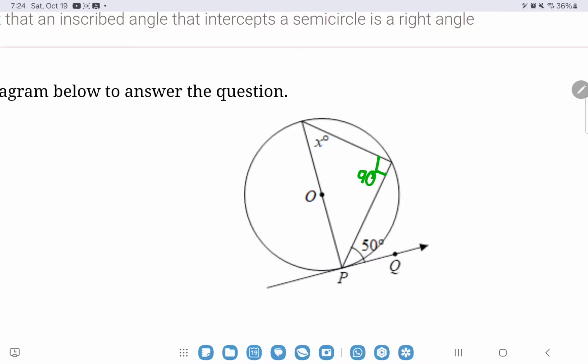And this, we know, is a radius, so it's causing a 90-degree angle here. So if this is 90, and this is 50, then this would be 40, because it's whatever is left of 90. If this is 40 and this is 90, then this must be 50, because these two must add up to 90. So there are 2 ways you could solve this question.